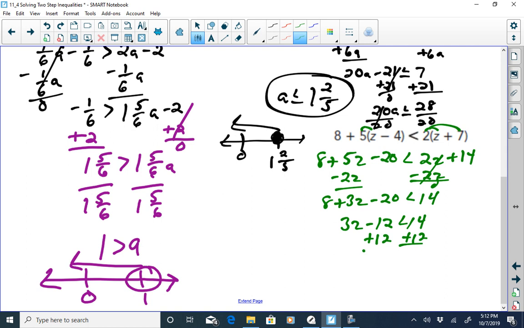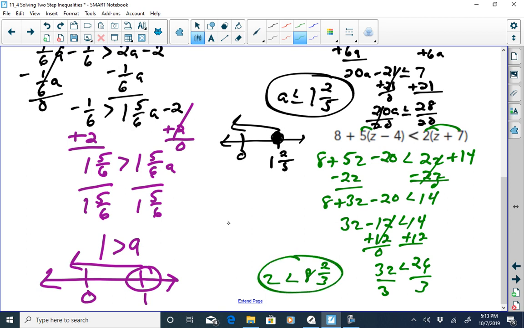When I add 12, right, that becomes 0. We're left with 3z is going to be less than 14 plus 12 is 26. Divide by 3, divide by 3, and then z has to be less than 26 over 3, 3 times 8 is 24, that's 8 and 2/3. Z has to be less than 8 and 2/3.